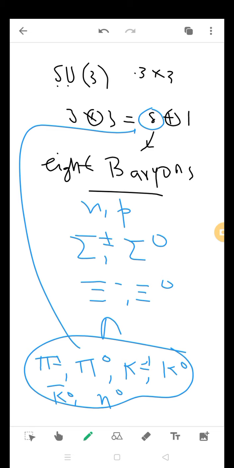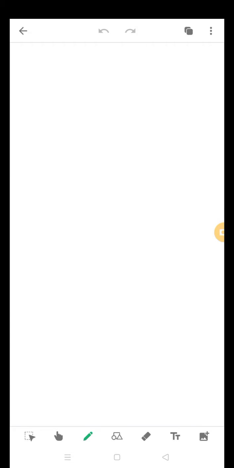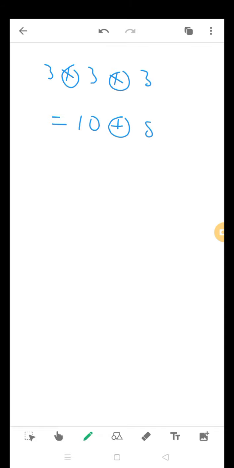Similarly, this 3 cross 3 can also be broken down into 10 plus 8 plus 8 plus 1.